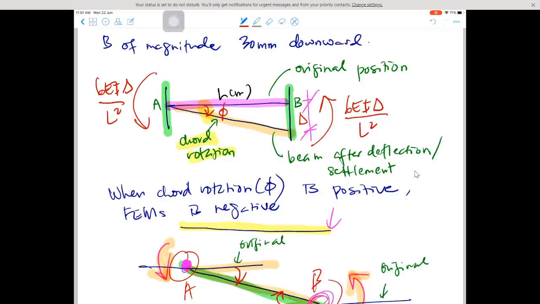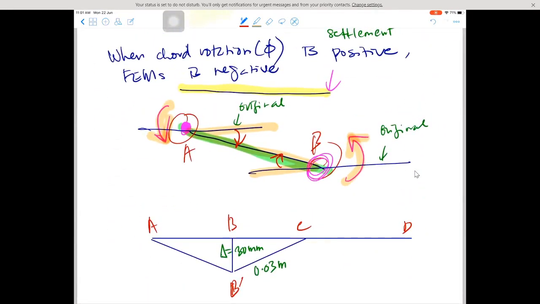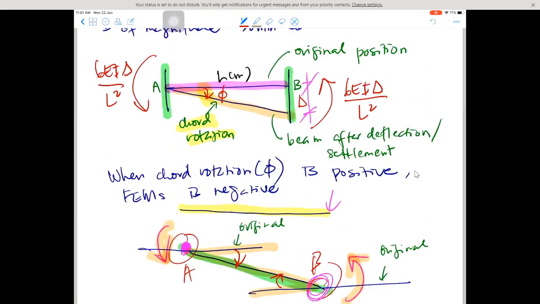So this is the settlement. The formula is given in the appendix. So this is the simple formula. The formula is the same for both sides, for both A and B, and the direction is also the same for both A and B.